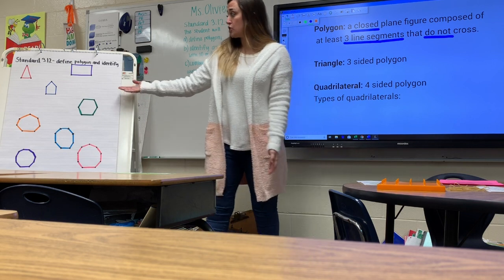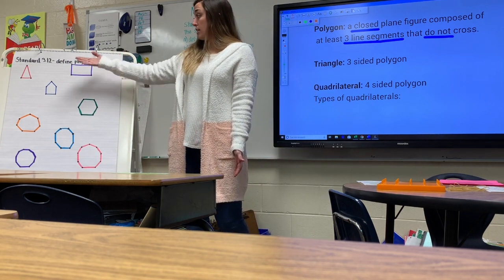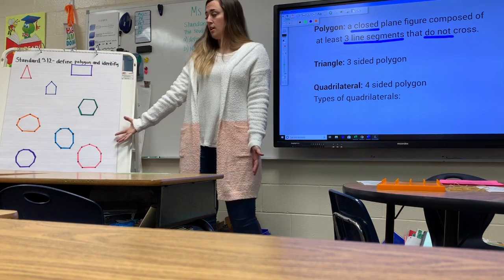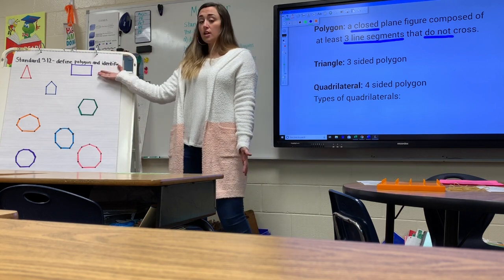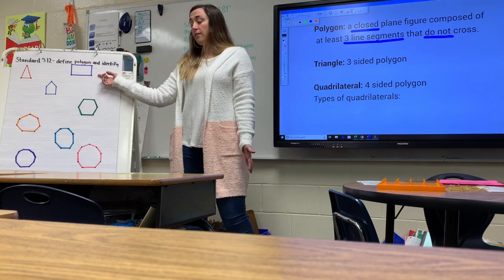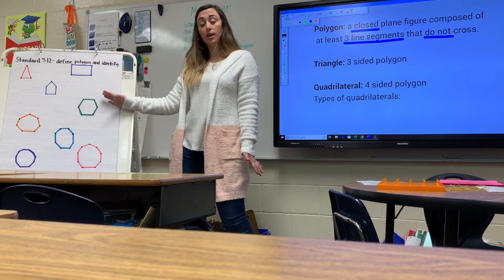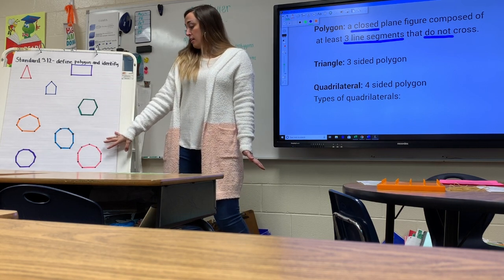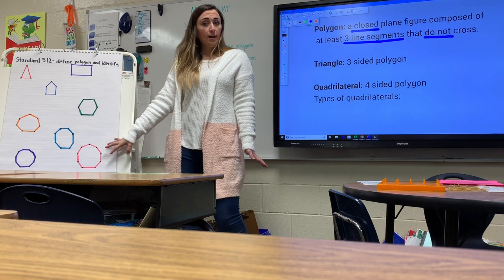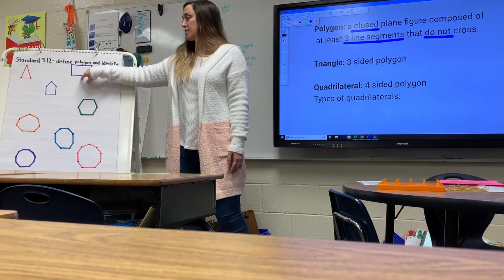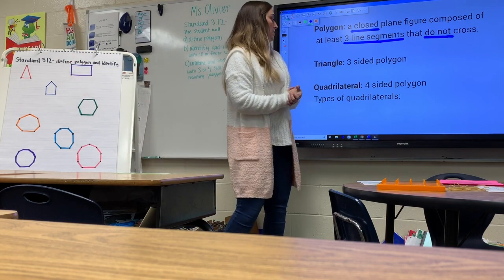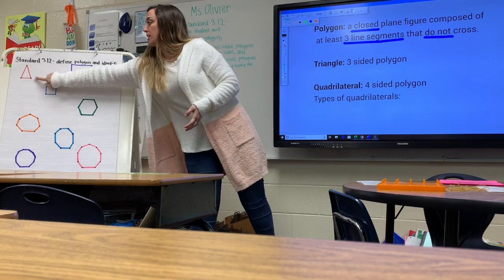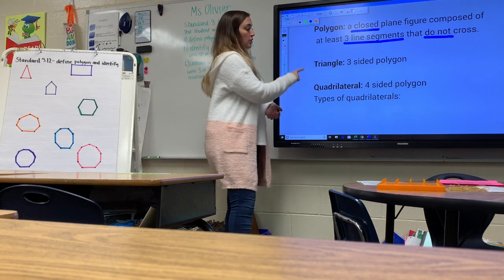So we're going to start simply. As you see on this chart, we have a bunch of different polygons. We're going to start with just the top 2. However, as the week goes on, they will get harder and harder. We will add more lines, more shapes, and more vocabulary. But today we're going to start with the top 2. So, this one right here would be a triangle.